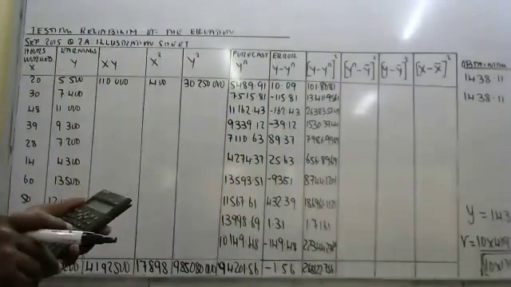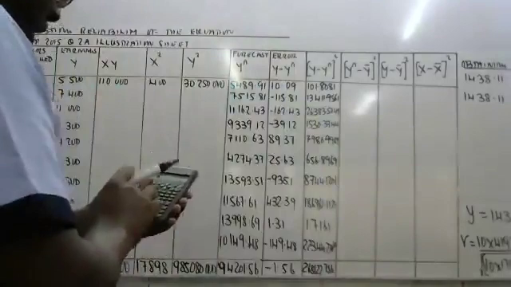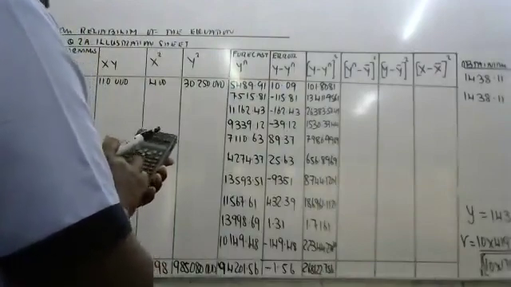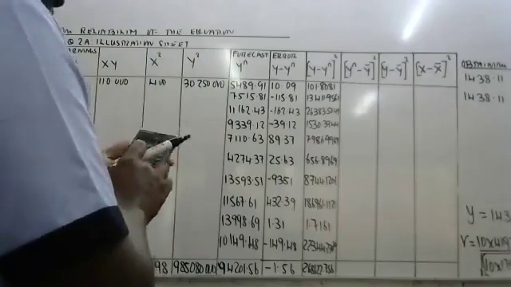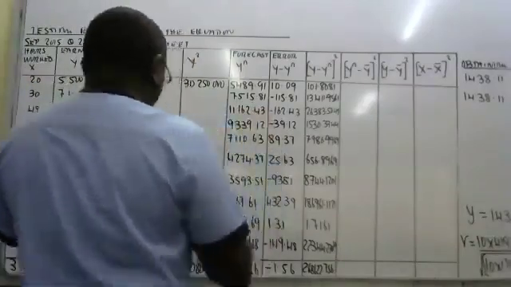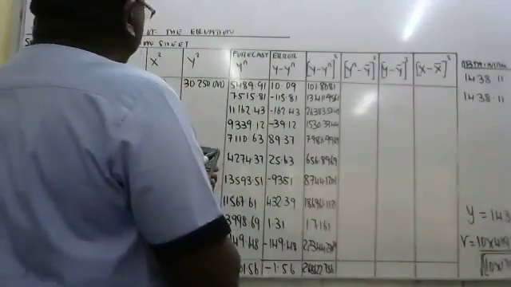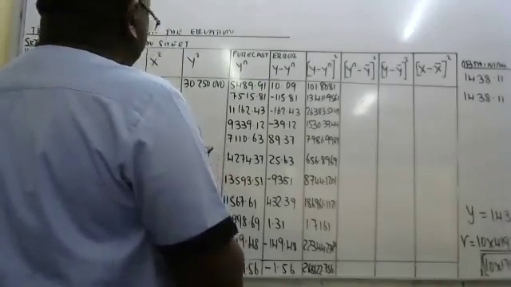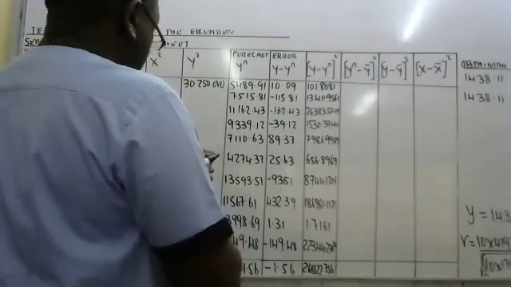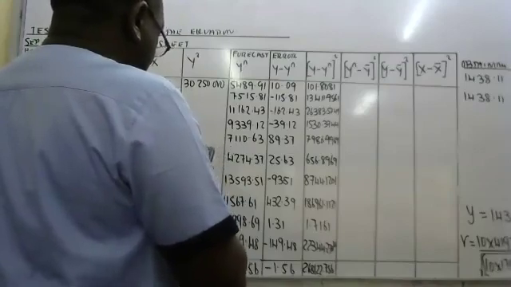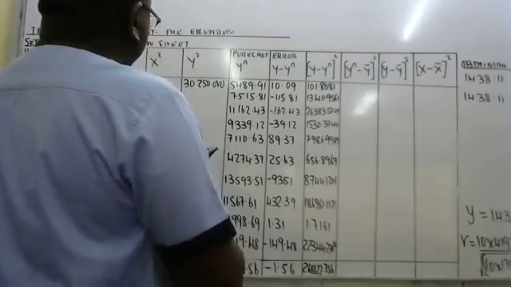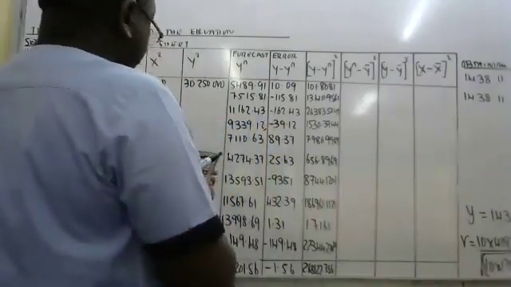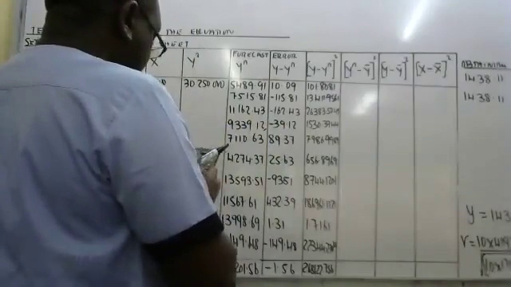So I think I'll do all of them on the calc and write the total here below. So plus, open the brackets, 7515.81 minus 94.20, close, square, plus 11,162.43 minus 94.20 square, plus, open the brackets, 9339.12 minus 94.20, close the bracket square, plus 7110.63 minus 94.20, close the bracket square.